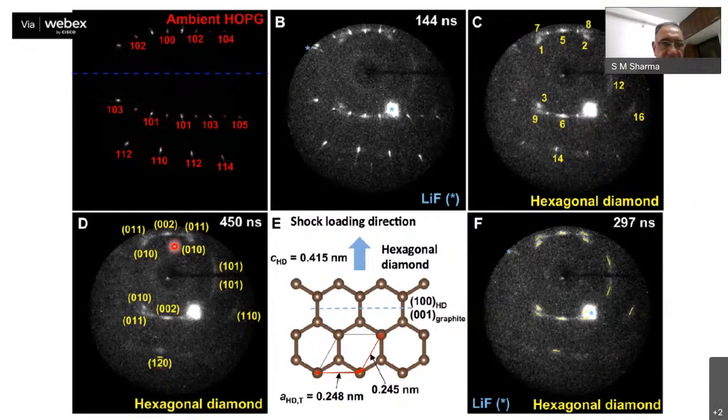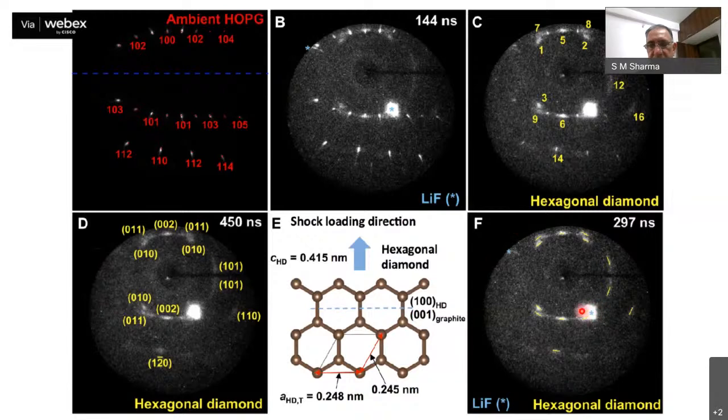At a later time of 450 nanoseconds, when part of the shock wave has actually been released, the diffraction pattern still indicates that it exists in the hexagonal diamond phase. Incidentally, these numbers are essentially sequence numbers. Here are the indices for the hexagonal diamond phase. This is a repeat of the experiments at close to 300 nanoseconds.